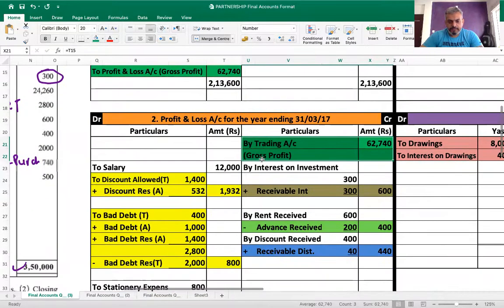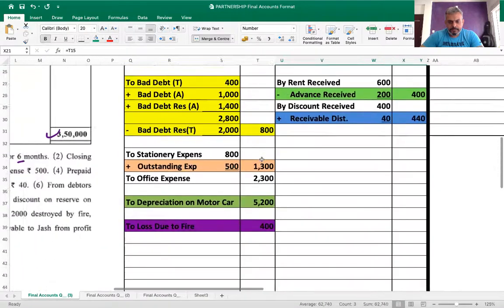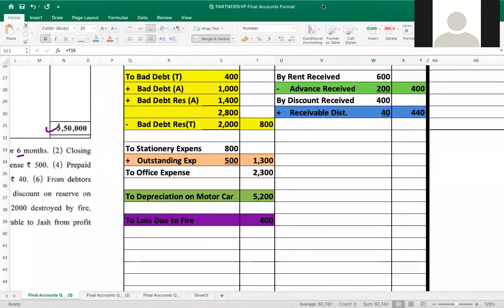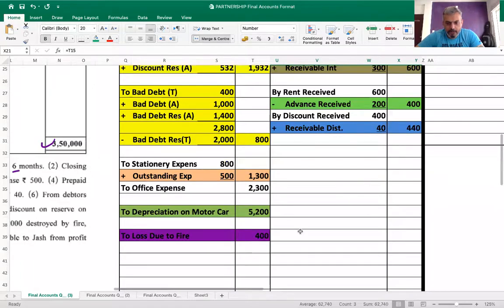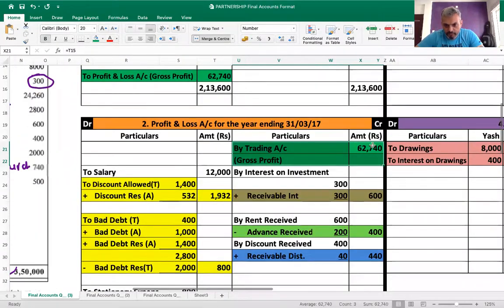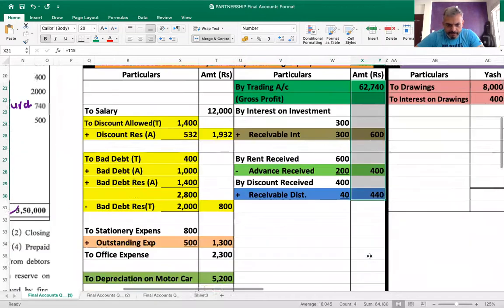Next. Try to find the profit. Okay, now over here, we have to see which side is more. So credit side seems more.